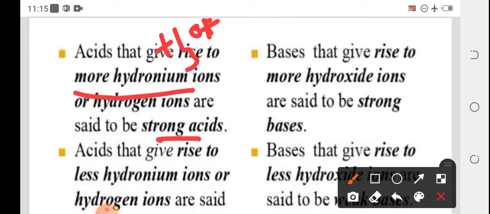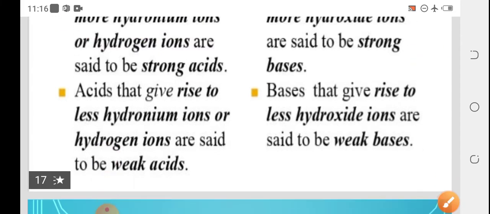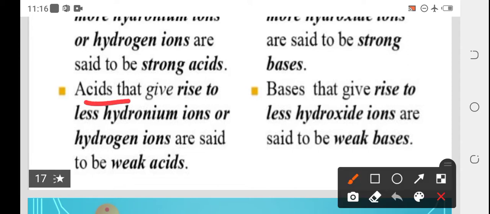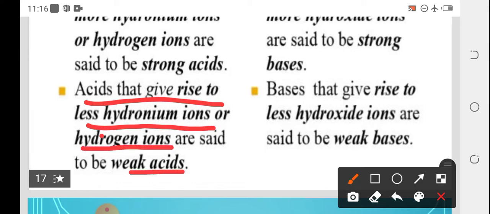Coming to the bases, those that give rise to more hydroxide ions are said to be strong bases. What is the hydroxide ion? OH minus. Similarly, what are weak acids and bases? Acids that give rise to fewer hydronium ions or hydrogen ions are said to be weak acids.